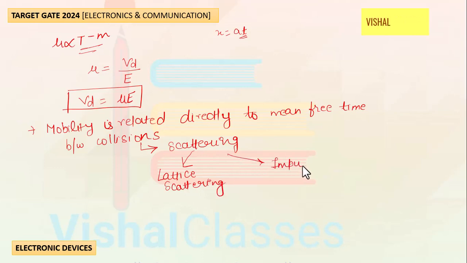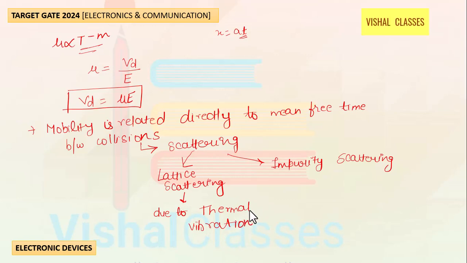Lattice scattering results from thermal vibrations. Lattice scattering is due to thermal vibration of lattice atoms at temperature greater than absolute zero.